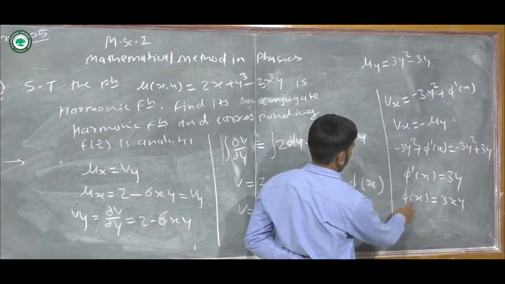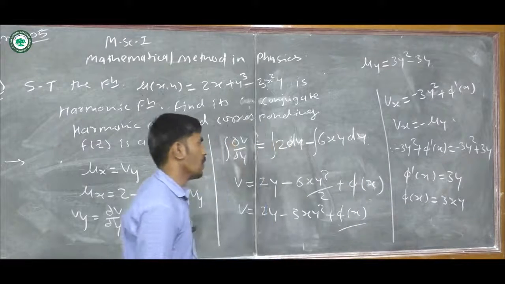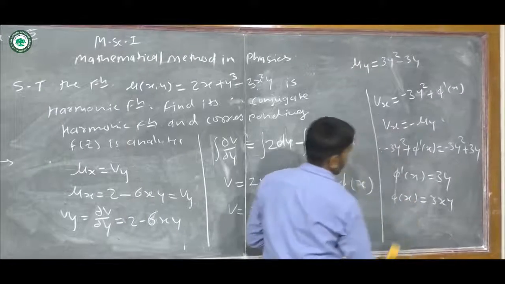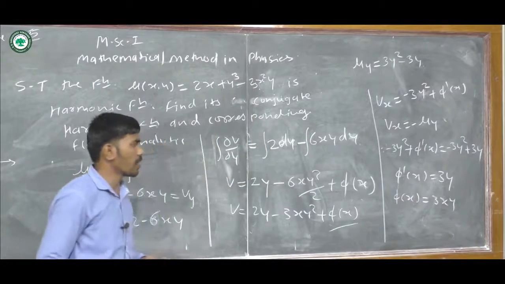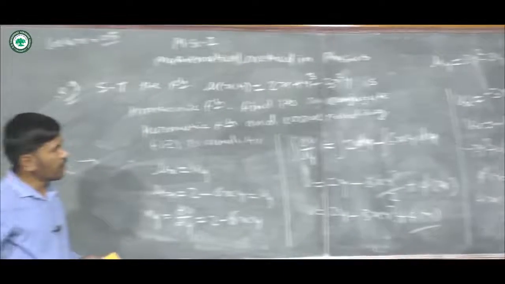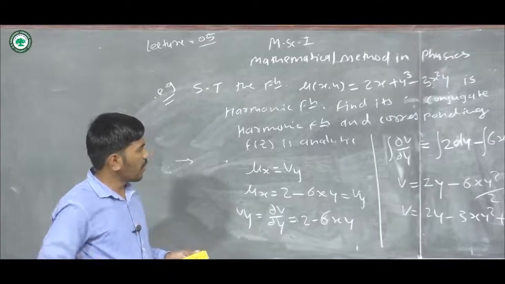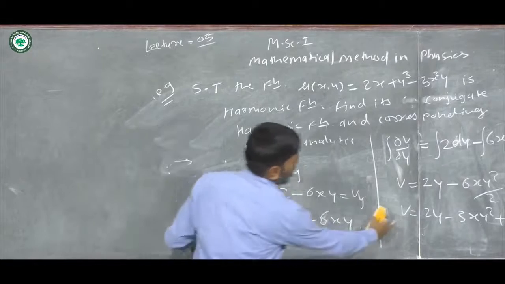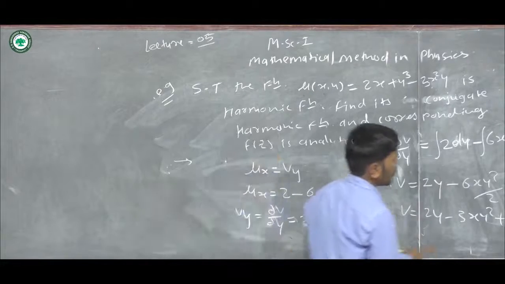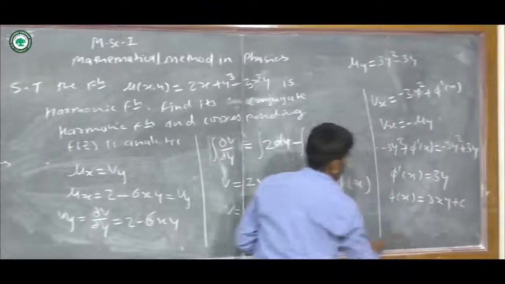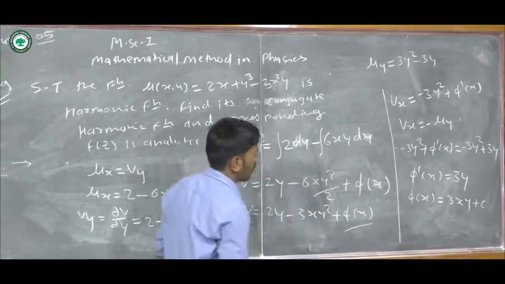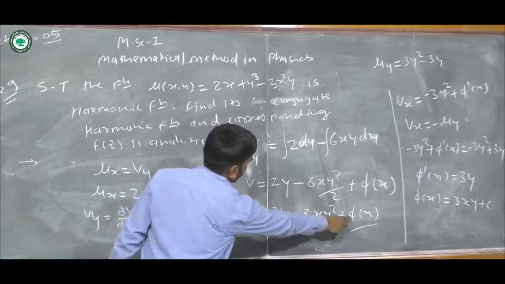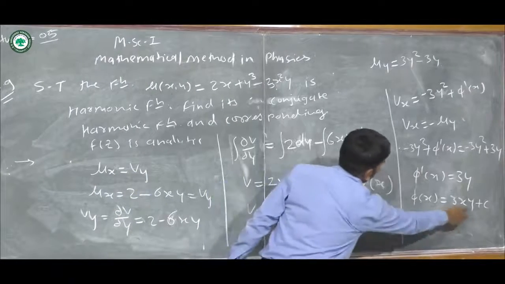And here is the integration constant, plus c. So v is equal to 2y minus 3xy square plus phi, and phi is 3xy plus c.